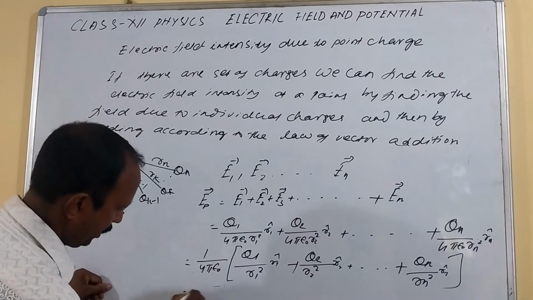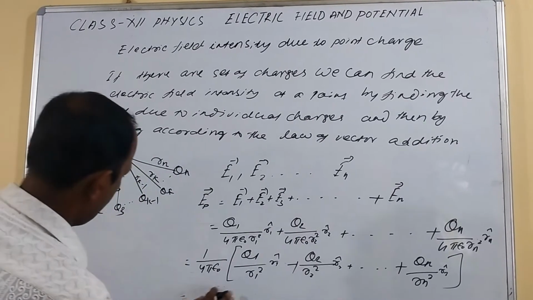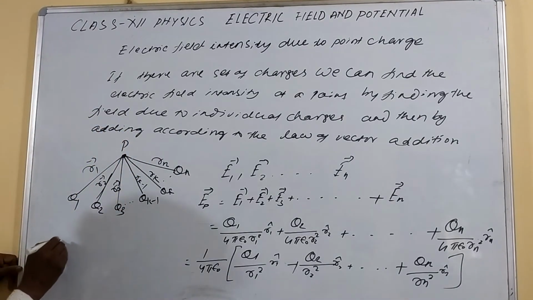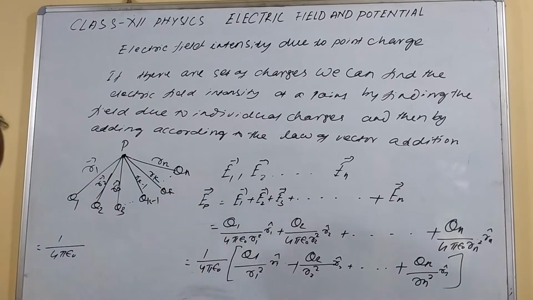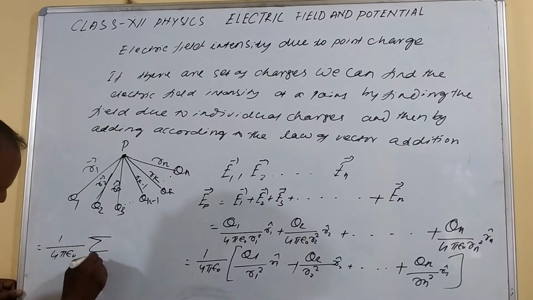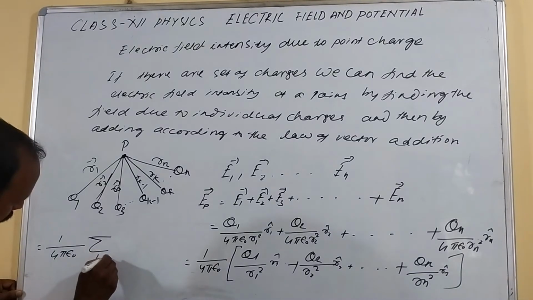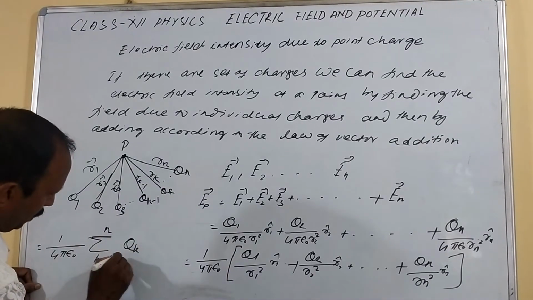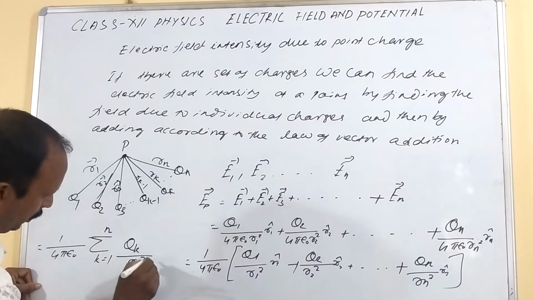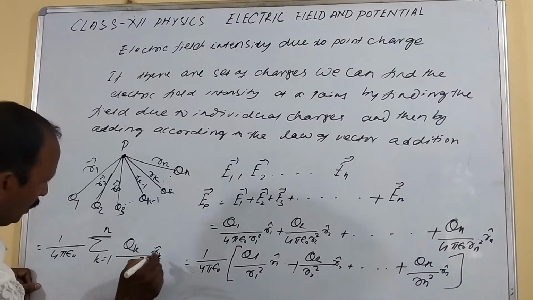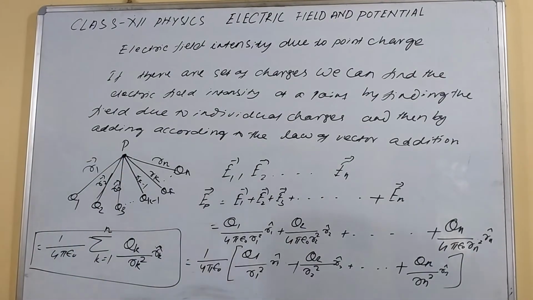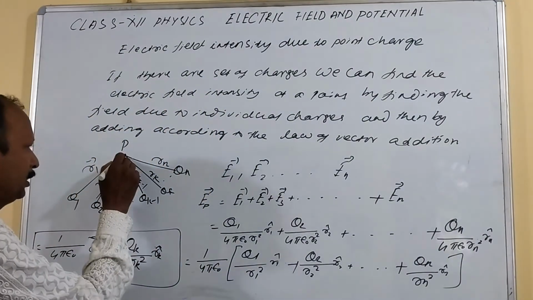Okay, so I can write this is equal to 1 upon 4 pi epsilon naught, summation k equal to 1 to n, Qk upon Rk square, Rk unit vector.